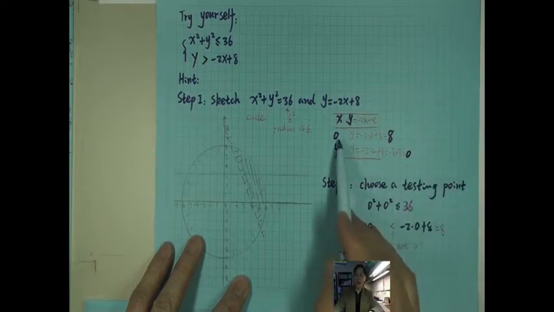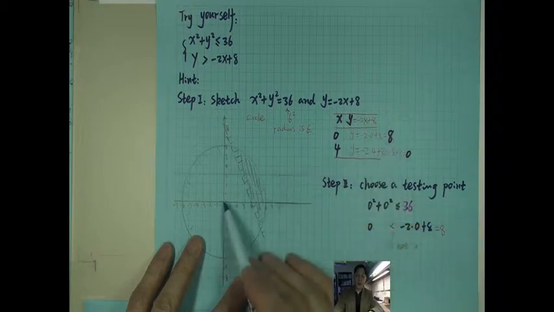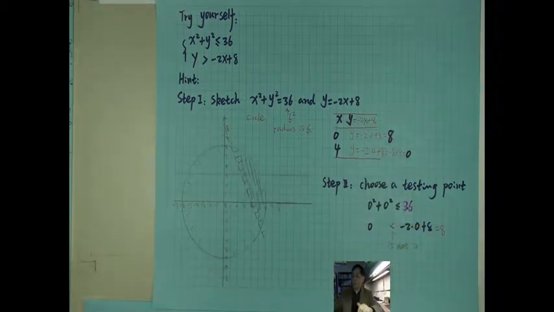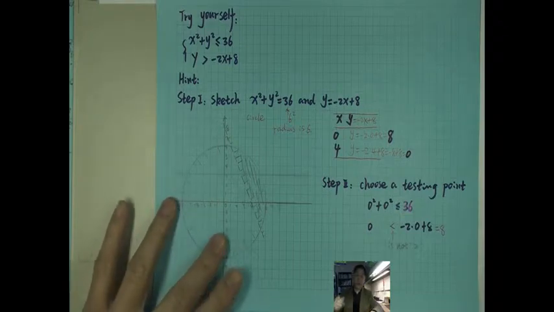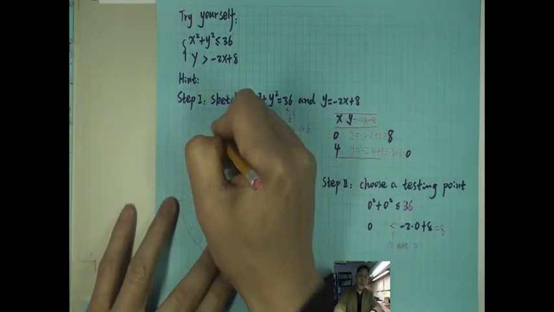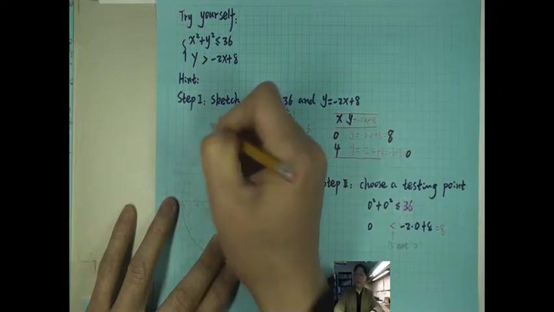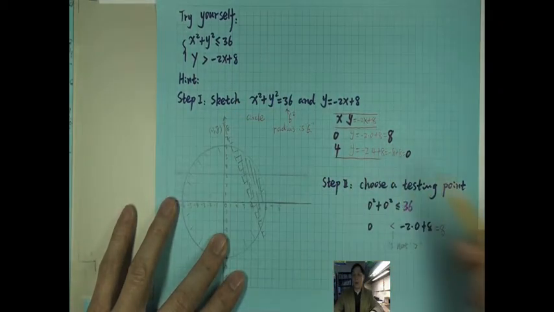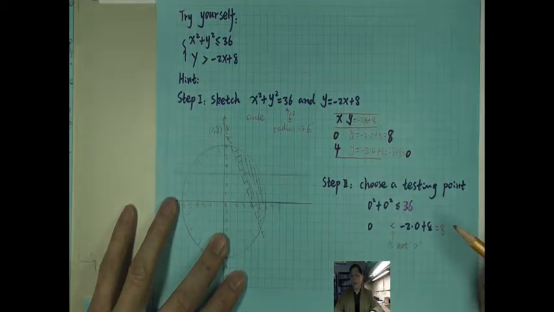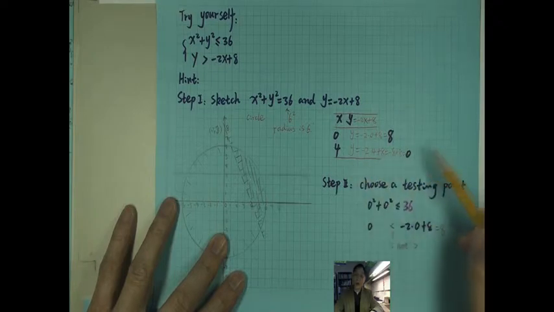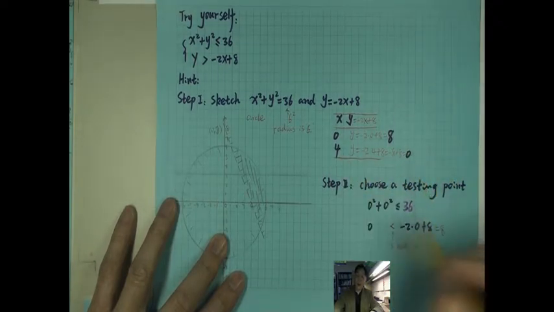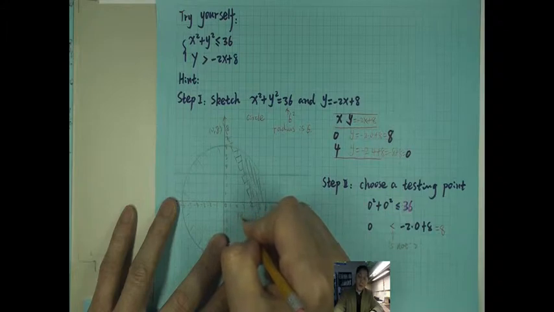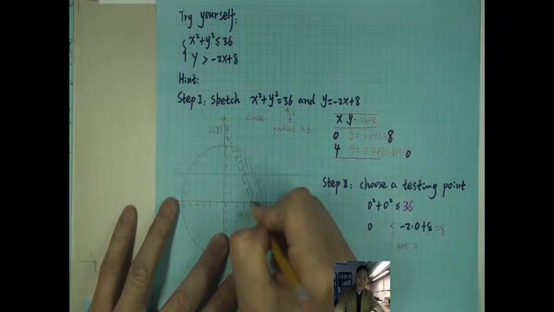And then you have x is 0, y is 8. 0, 8 is right here. Let me mark it. This is 0, this is 8. Okay, 0, 8. And then 4, 0: x is 4, y is 0. So 4, 0 is right here. Okay? This one. 4, 0.